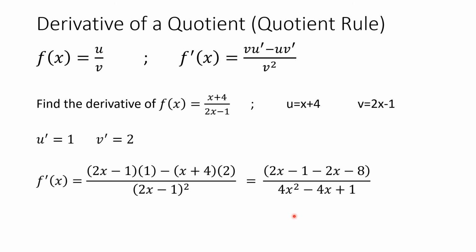Our f prime of x will now become negative 9 all over 4x squared minus 4x plus 1. So this is our derivative of our function x plus 4 all over 2x minus 1.